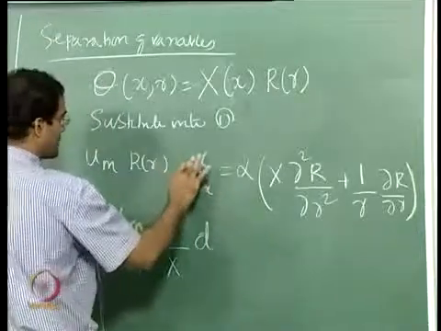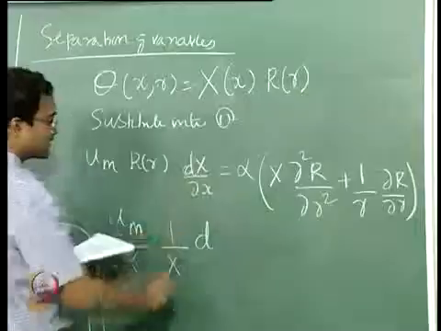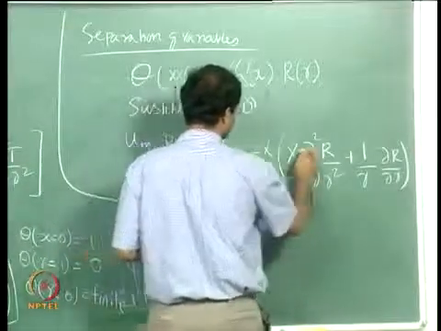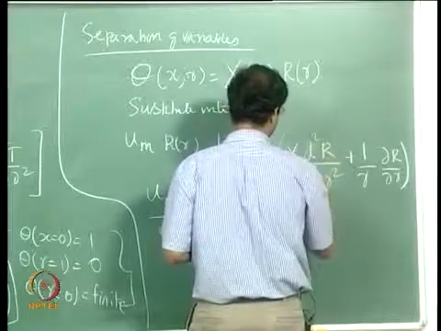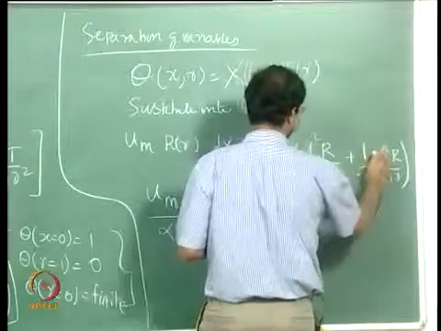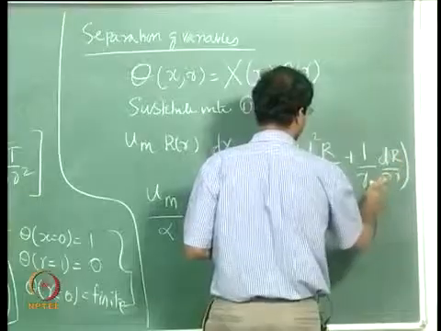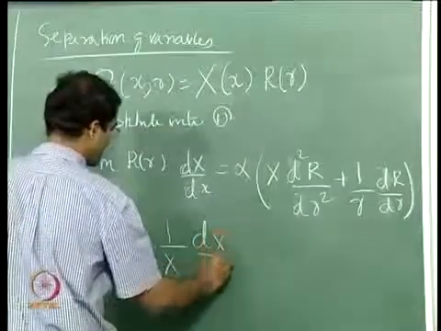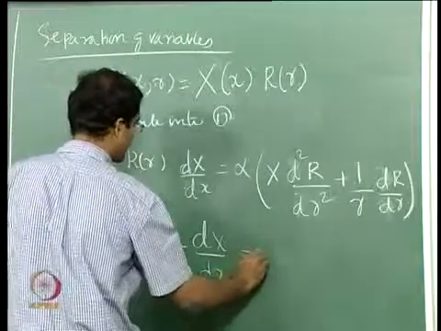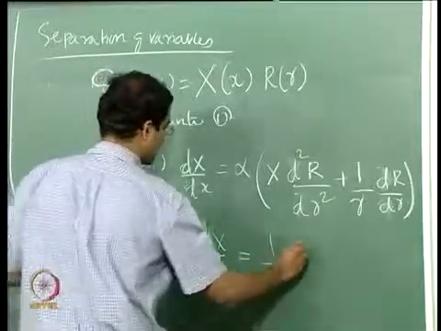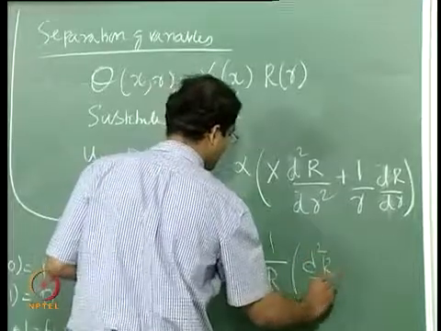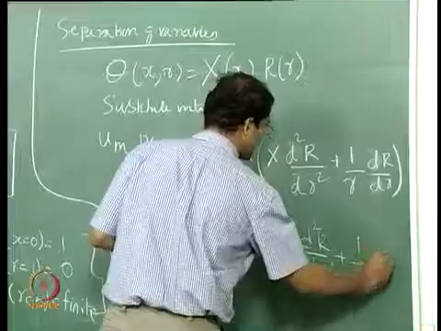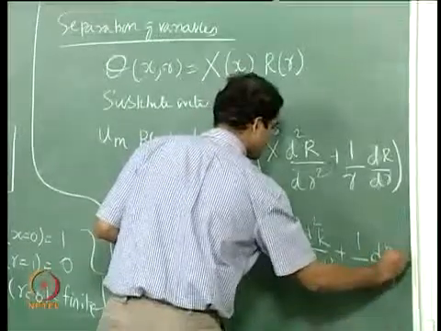Since X is a function of only x and R is a function of only r, all these partial differentials get converted into ordinary differentials. On this side it will be 1 by R d square R by dr square plus 1 by small r dR by dr.